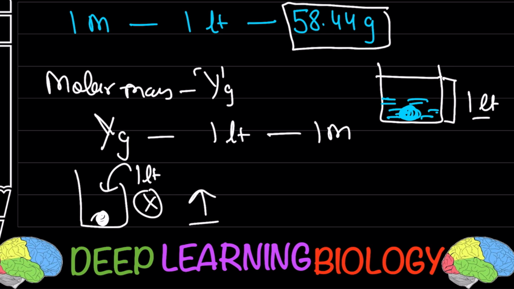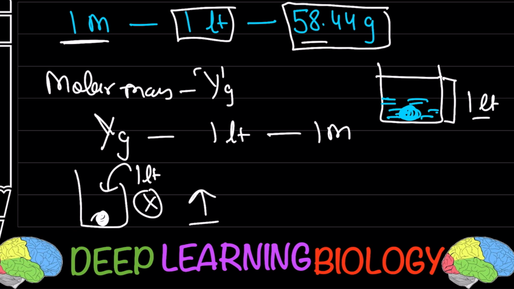So here our target is to prepare 1 liter. To prepare 1 molar, we need 58.44 gram of this NaCl.